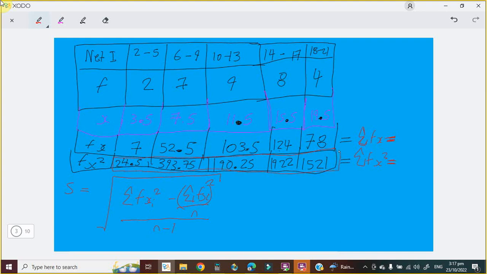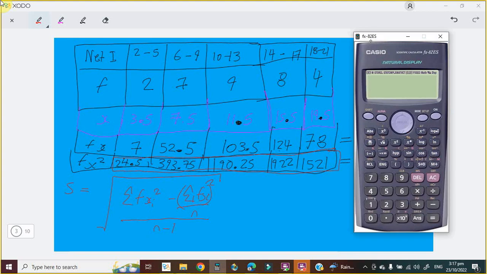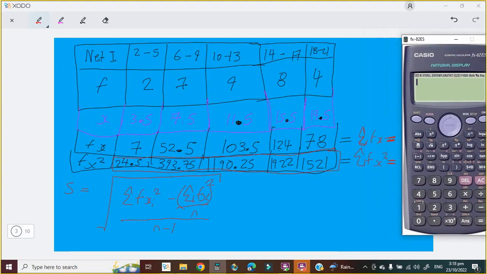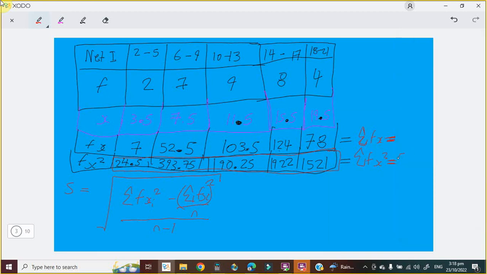Yeah, these 5 I want. It requires a little bit of focus, but no worries, it's easy. 5,051.5.